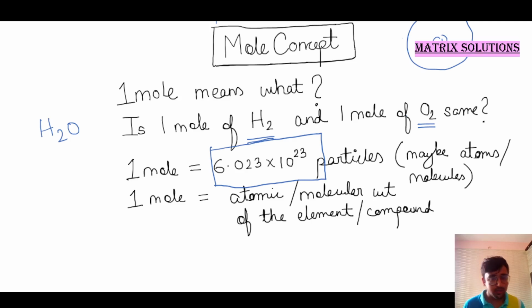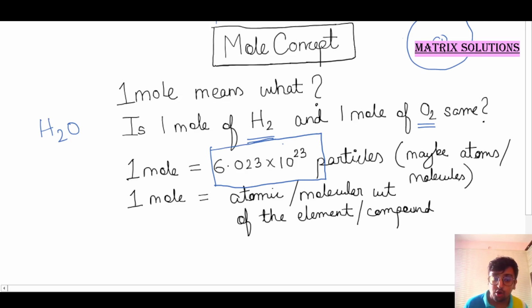Okay. So, sir, please give us the gist. What is the thing you are saying? I'm saying that 1 mole of H2 will have 6.023 into 10 to the power 23. It is also called Avogadro's number.